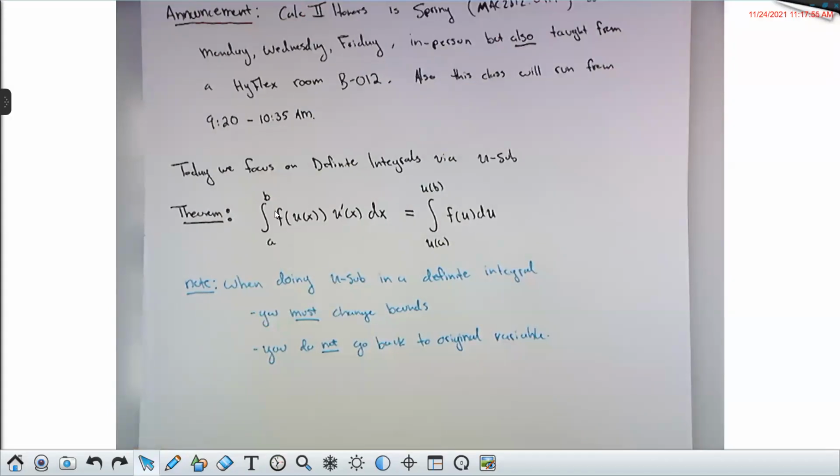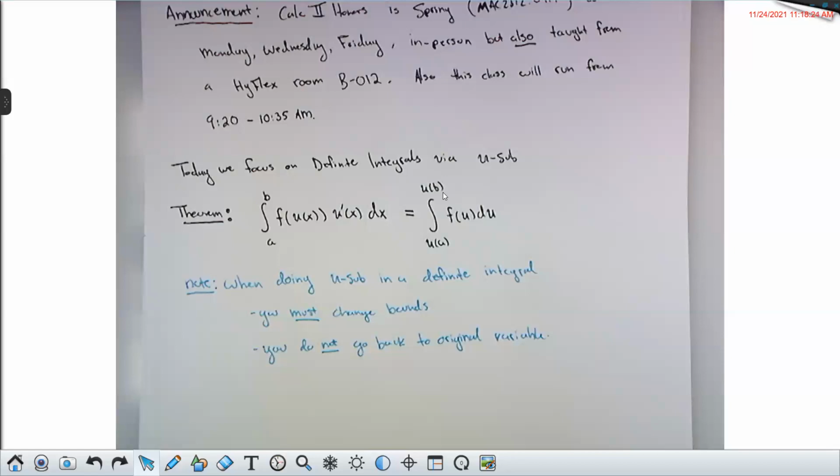But your answer for an indefinite integral should be a function of the same variable that you started with. Well, here, remember, a definite integral, the output is just a number. And because you are changing the bounds, you do not go back to the original variable. In other words, you just cook up your antiderivative here in terms of the variable u, and you plug in the new bounds, which are u values, not x values.